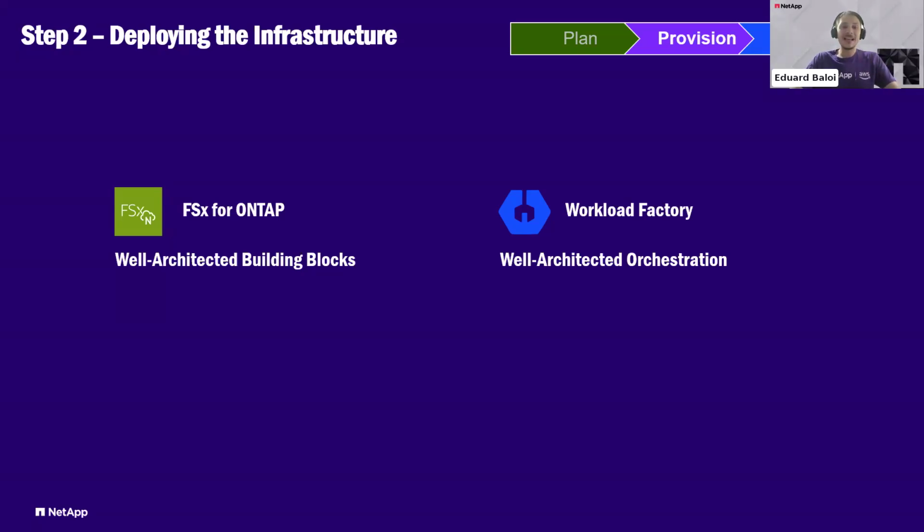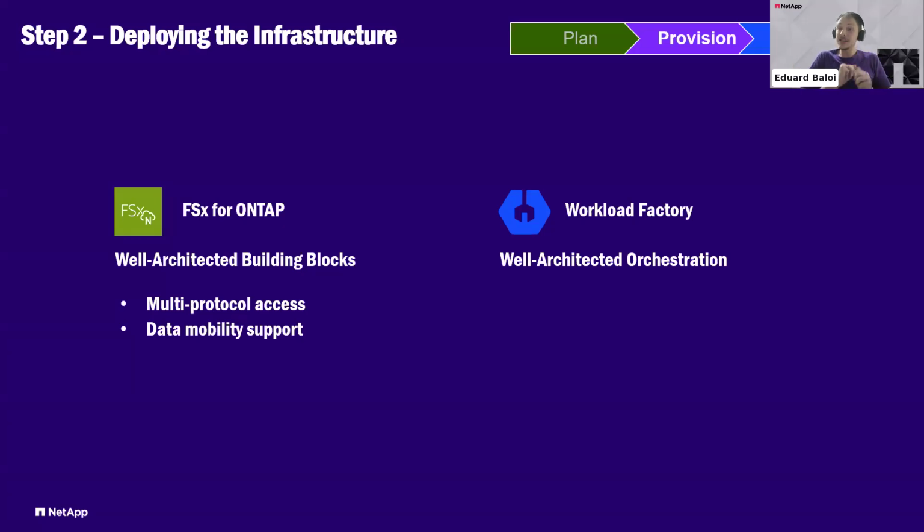And for the last part of the provision, just a quick summary. On the well-architected building blocks, we can have multi-protocol access, just as we've demonstrated, and data mobility support. Multi-protocol, I want to quickly touch on as well. We've seen that we can enable NFS and SMB.